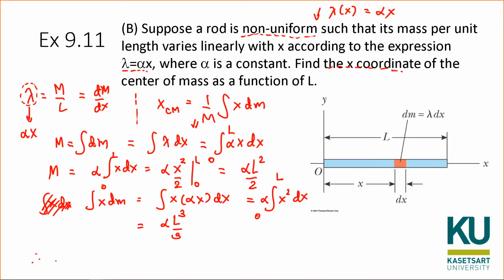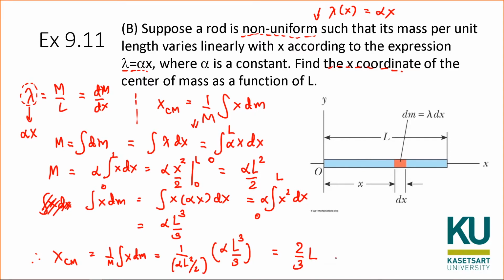So in order to find xcm, you just combine all the information together: 1 over m, integrated with x dm here, which is equal to 1 over alpha L squared over 2, multiplied with this alpha L cubed over 3, and finally you will get xcm equal to 2 over 3 L. This is how you use the information to find the xcm if this mass is continuous but not uniform.